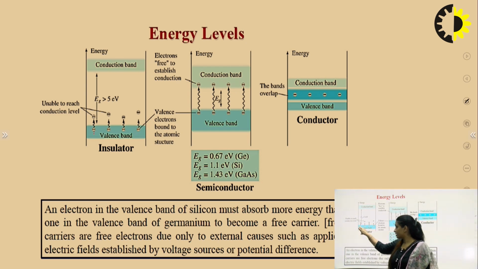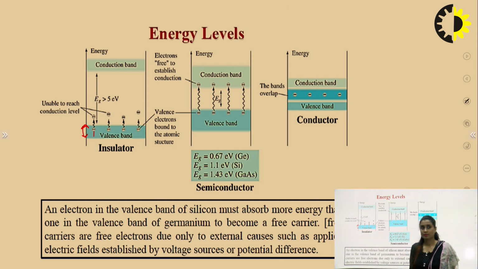This lower shaded blue region represents the valence band. This is the complete range of energy, right? Electrons in my outermost shell are present here. And in the conduction band of insulators, there are no free electrons, as we know that insulators do not conduct electricity. They are bad conductors of electricity.